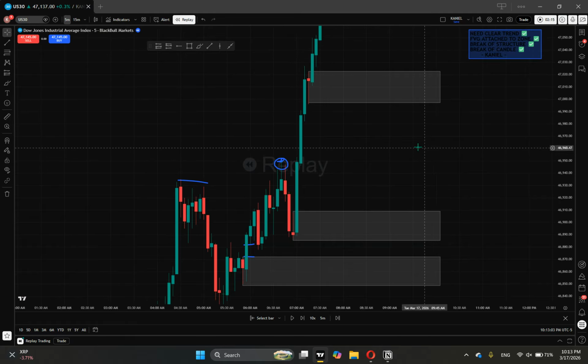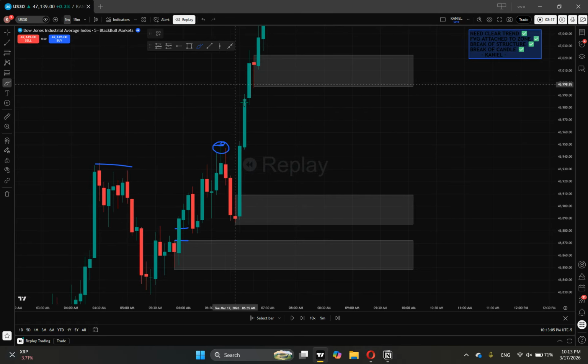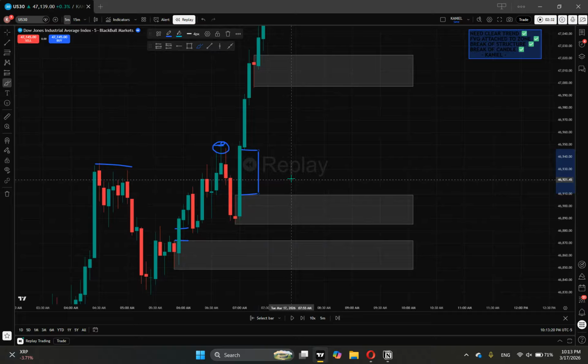For this one now, the gap is quite big. So all of this is a gap. So we'd want to see price come, fill that gap, and tap into the zone. That's exactly why we need the gap to be attached to the zone.